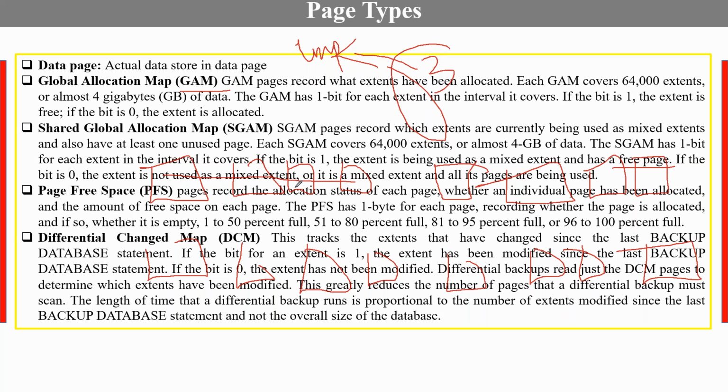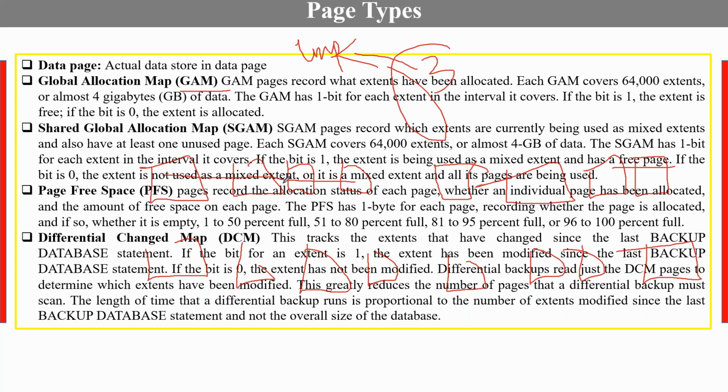Only one doubt. SGAM tracks only mixed extents, right? Only mixed extents, but somehow it also tracks others. If the bit is zero, it is not used as a mixed extent, which means it is a uniform extent, right?